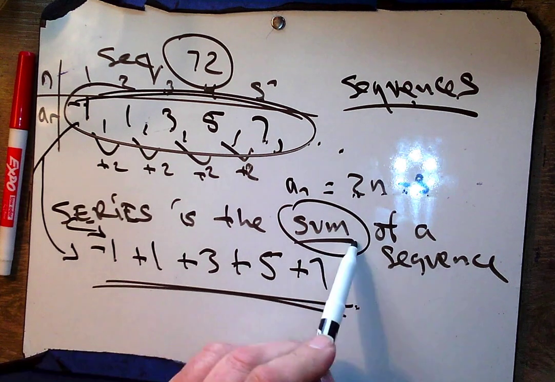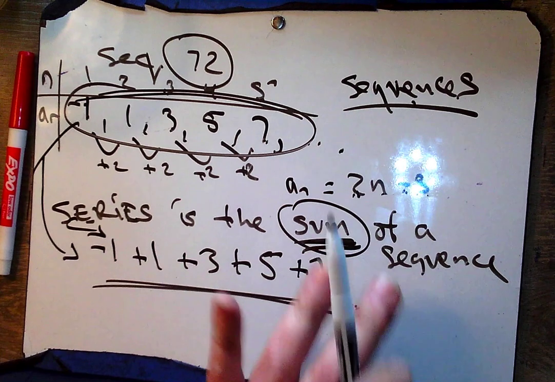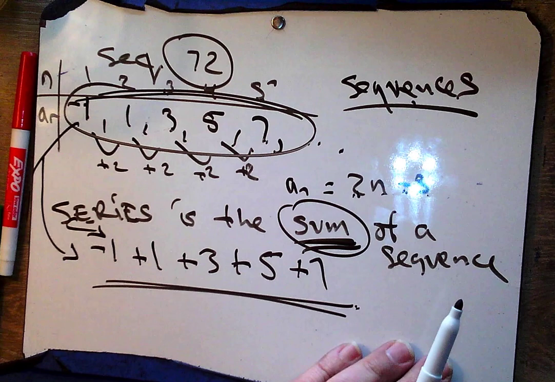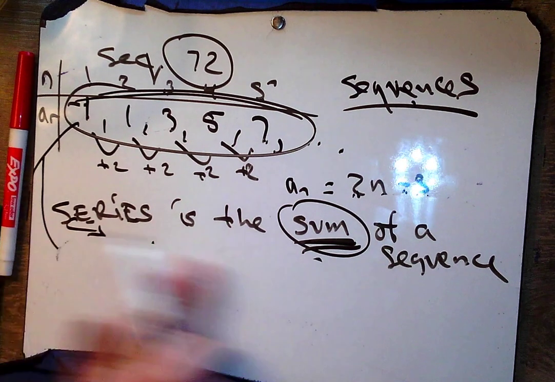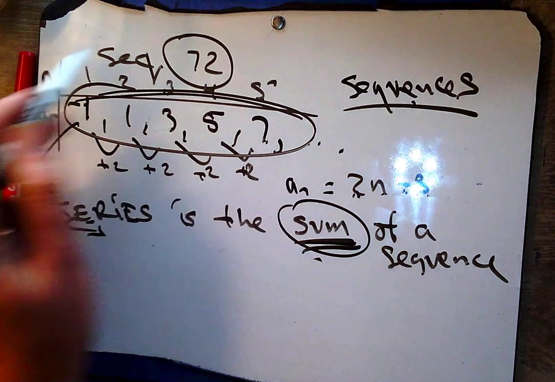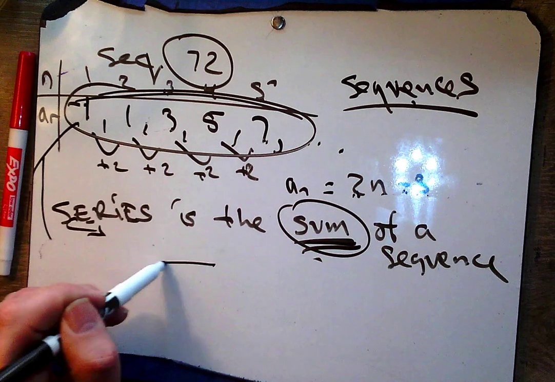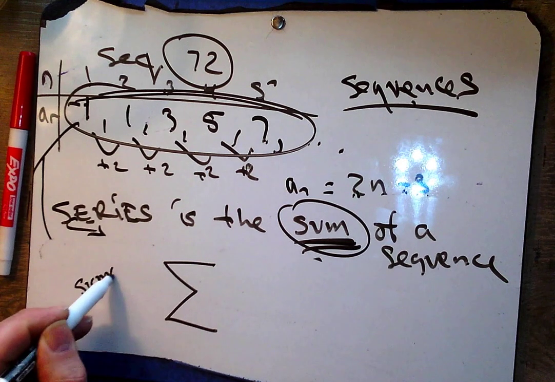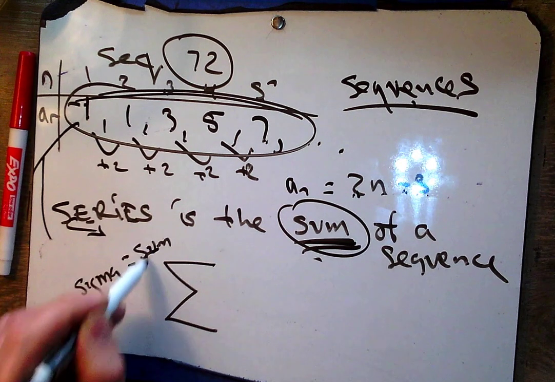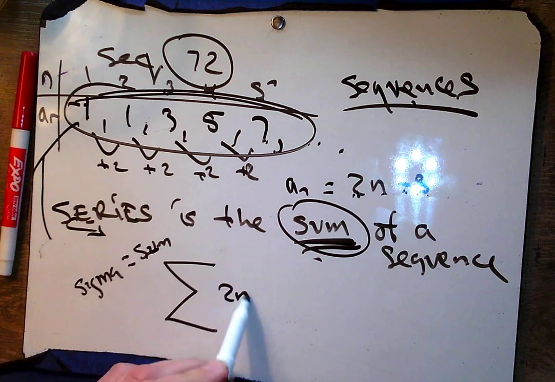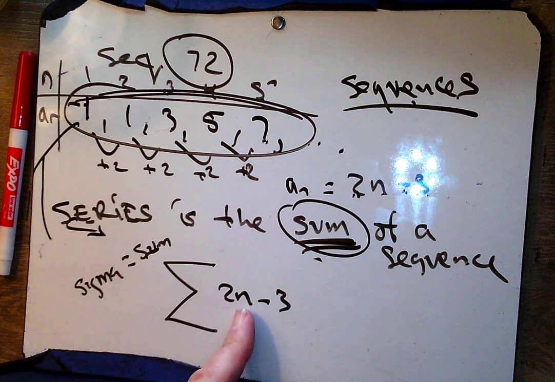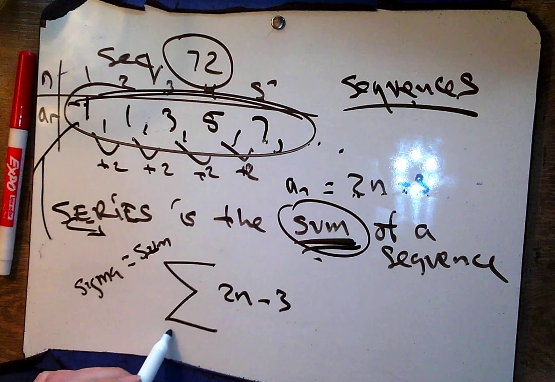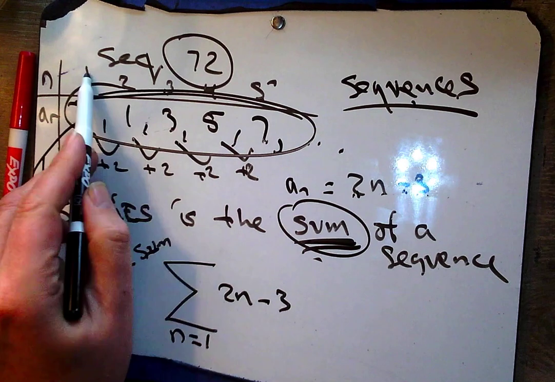So, yeah, sum. Do you remember the notation that says sum? It uses sigma notation, sigma for sum. If we were looking at this situation here, I would think of it as sigma, or the sum of the things that come out of this, from n equals 1, from this one to that one.